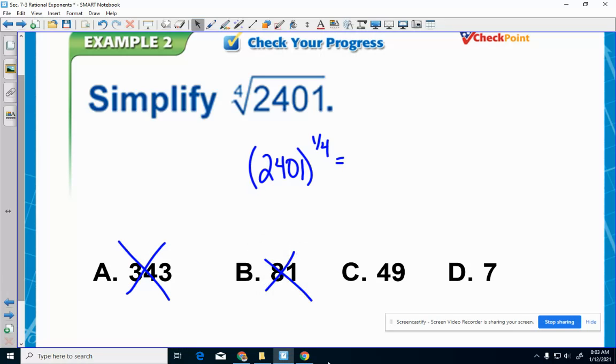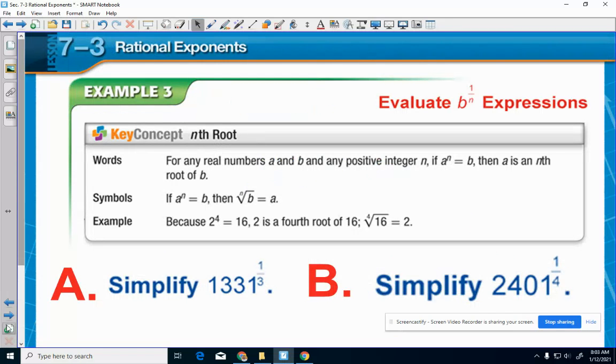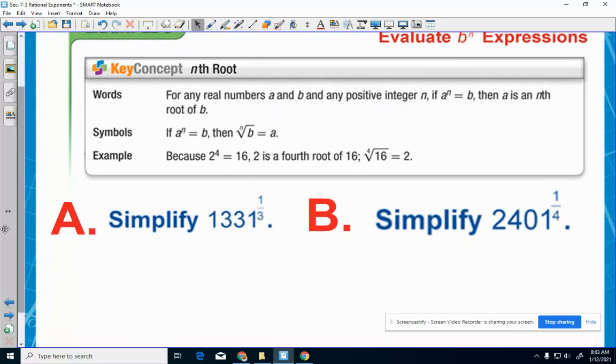I doubt we're even going 81 times. It seems unlikely that we're going 49 times 49 times 49 times 49 to get to 2401. So without even really doing any work, just understanding how a rational exponent works, I think I could come up with that answer.